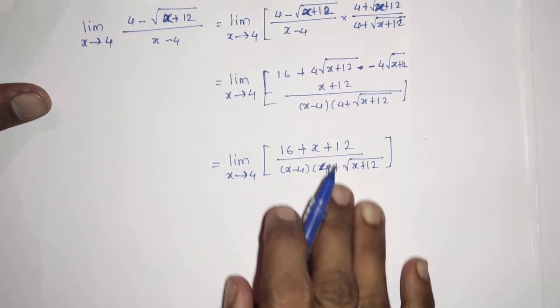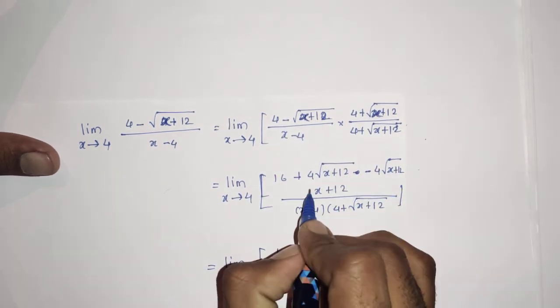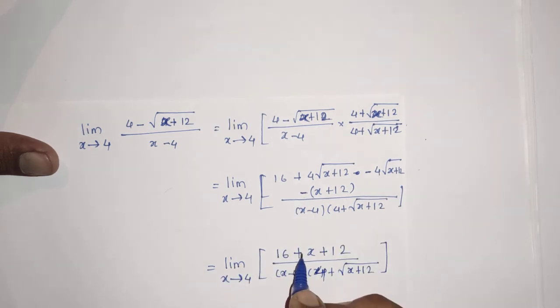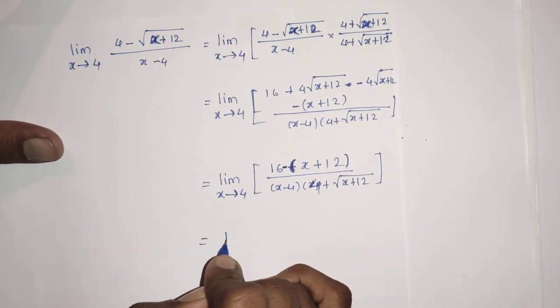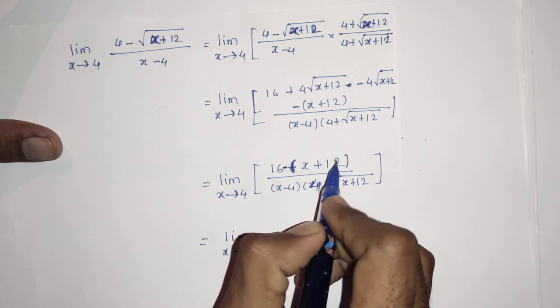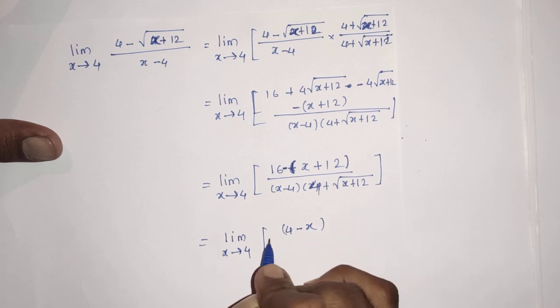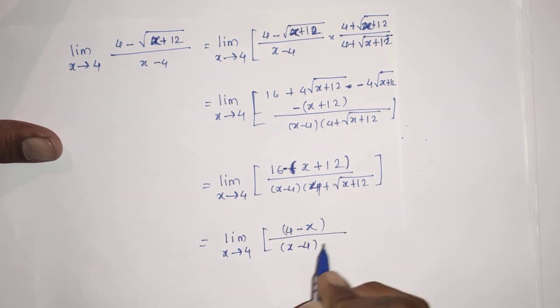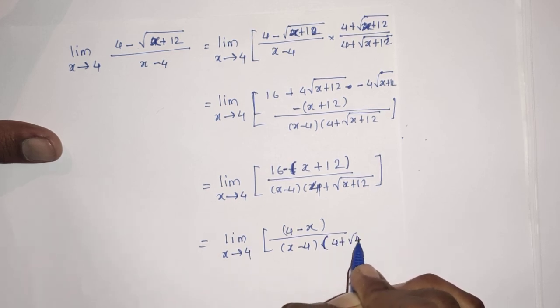Because if you multiply these two, this is minus sign, this plus sign, so here the minus term, the 16 minus this whole term, which is equal to limit x tends to 4, 16 minus x minus 12 means 4 minus x, so we get 4 minus x divided by x minus 4 into 4 plus square root of x plus 12.